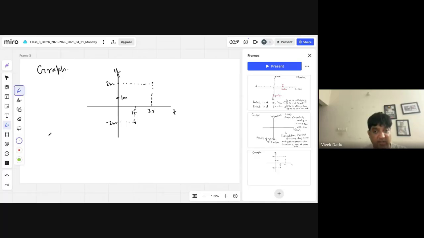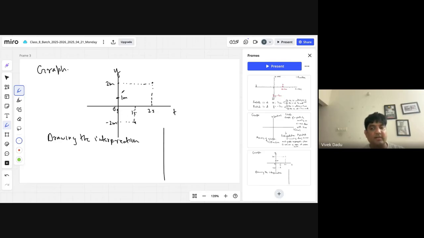Now drawing the interpretation. Which line will I draw? Will I draw a graph or which type of line? X-axis or Y-axis? I will draw a Y-axis this time because the graph represents where the particle is at different times on Y-axis. Now at 0 second, where is he?